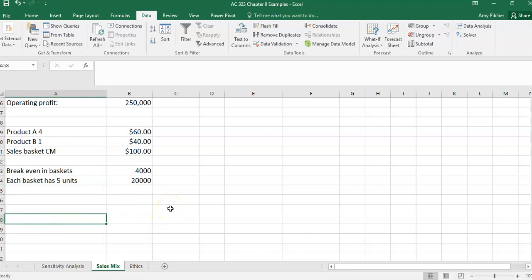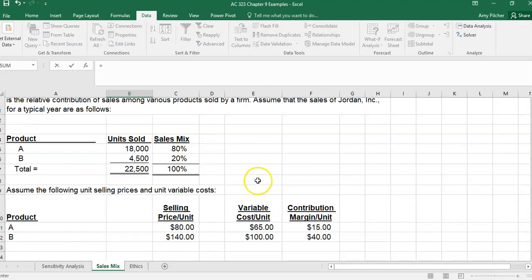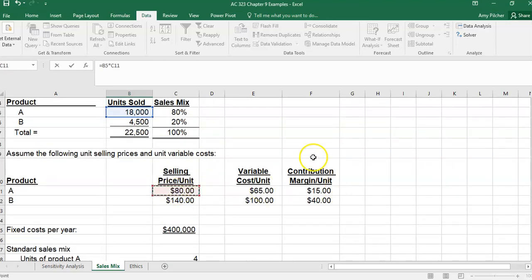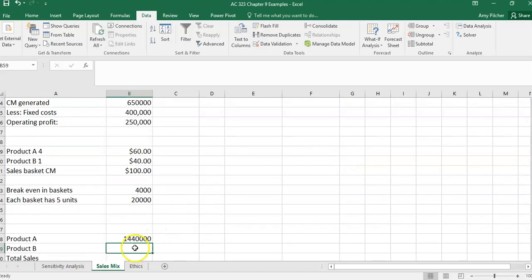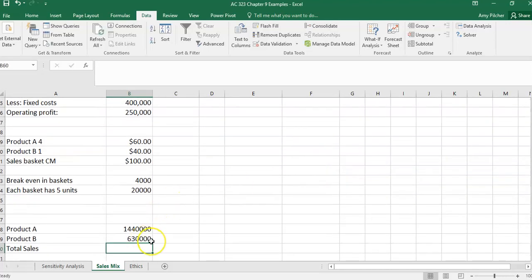So we have product A and product B. We're going to add them together to get our total projected sales. Product A, we project that we're going to sell 18,000 times the sales price of $80 per unit. And for product B, we predict that we're going to sell 4,500 at a sales price of $140 per unit.